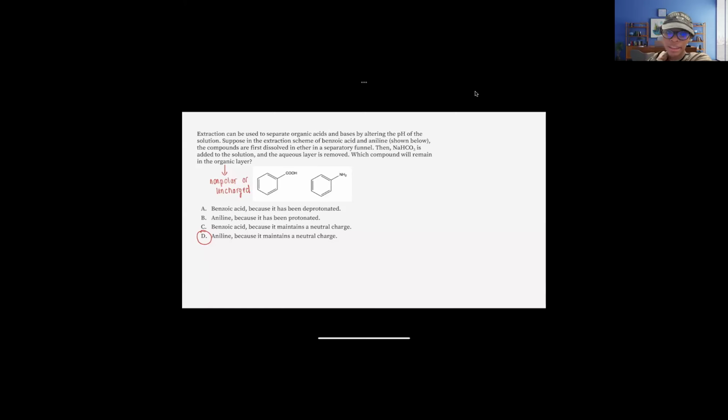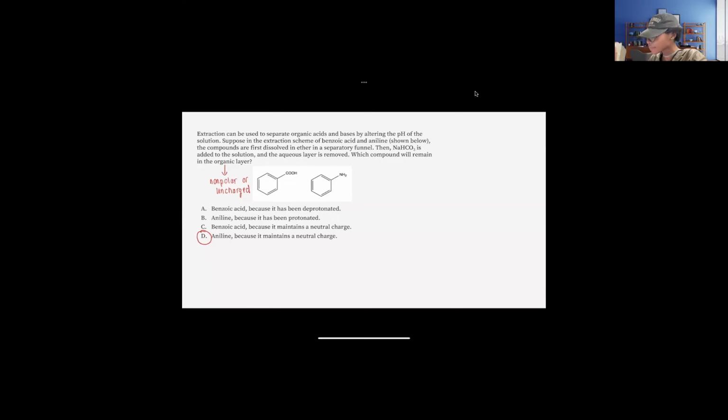What do they do? They will either exchange electrons or exchange protons or exchange hydronium and hydroxide ions, keeping in mind your Lewis versus Bronsted-Lowry versus Arrhenius acid-base chemistry.